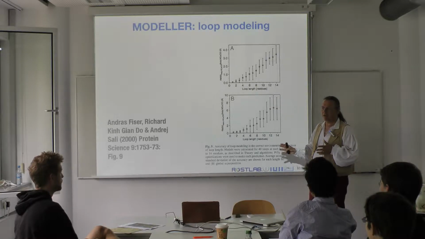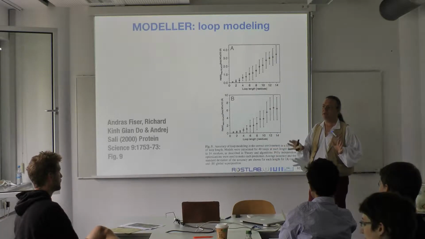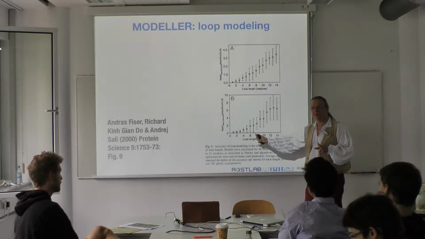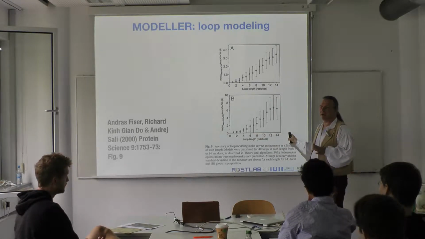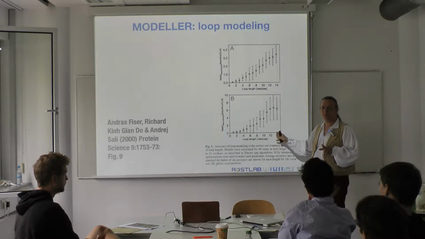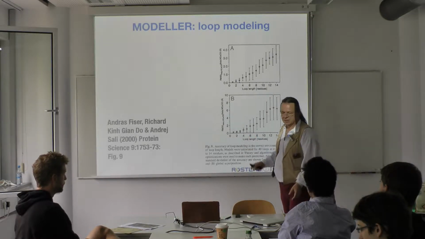Maybe it was 14, but at some loop length, in those days, clearly the field was nowhere near it. Today, over the last 15 years, we can push this a little bit higher. So 14-residue loops we can do most of the time, relatively right within the resolution of the experimental structure. But in those days that was not the case.